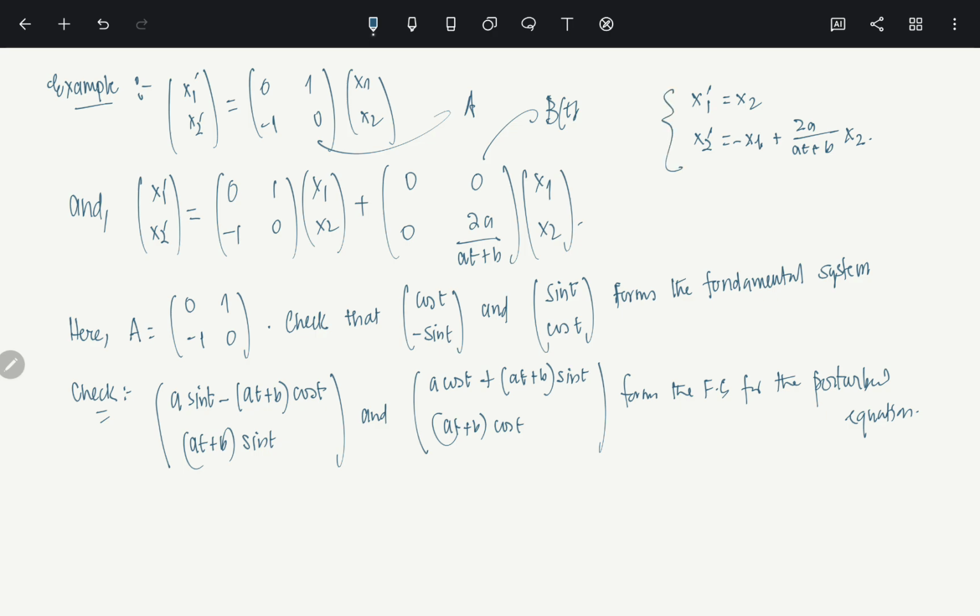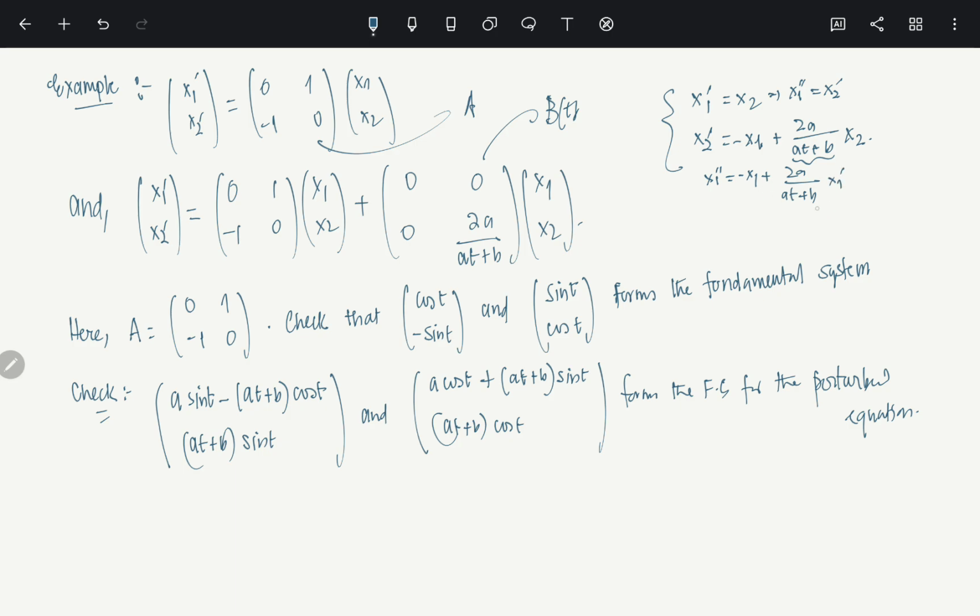Now for this system, this will imply that x1 double prime is x2 prime. If you replace it here, x1 double prime is minus x1 plus the term 2a by (at+b) times x2, and x2 is nothing but x1 prime.